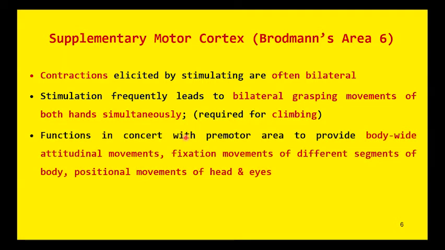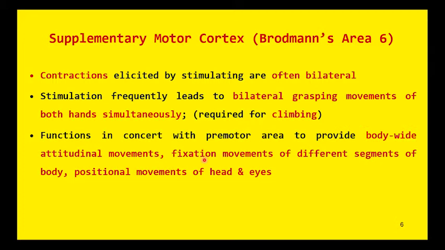Other functions of this area 6 supplementary motor cortex are involvement in the attitudinal movements, fixation movements or postural movements, and position movements of head and eyes, the rotation movements of head and eyes. All these are different functions of the supplementary motor area.